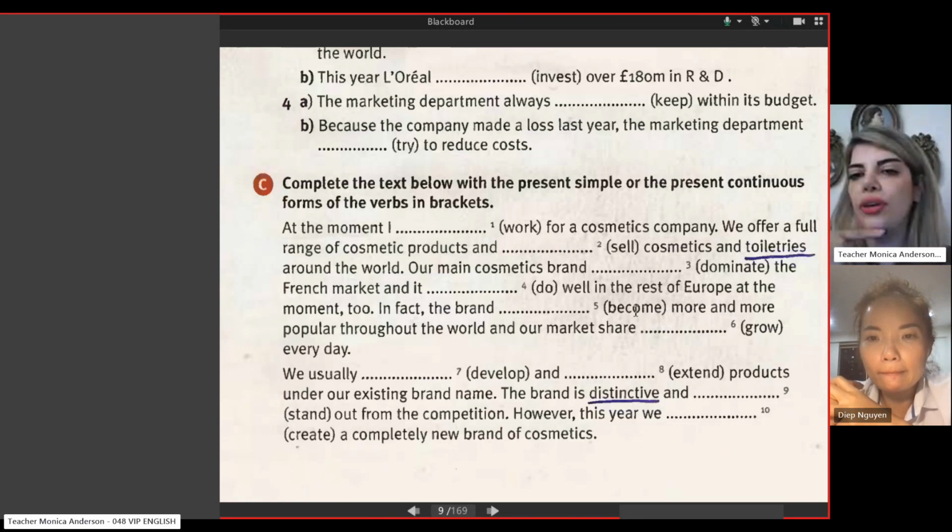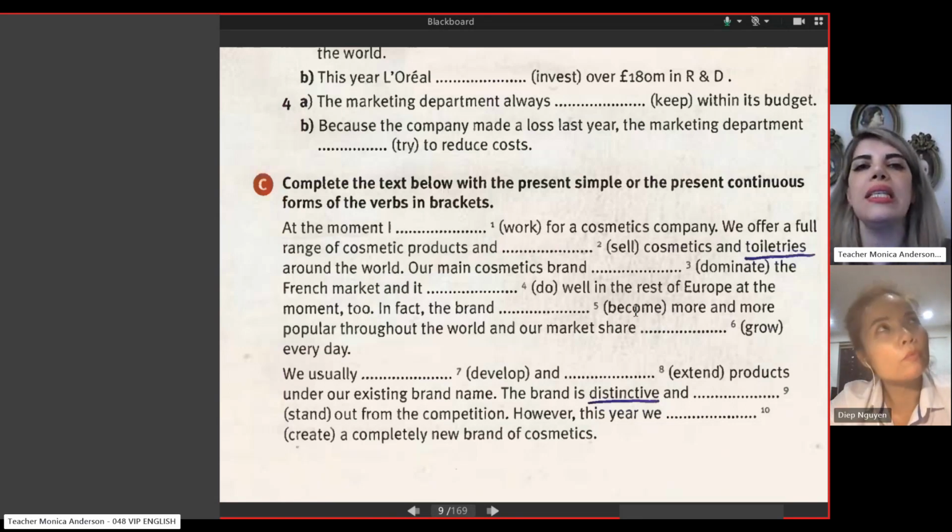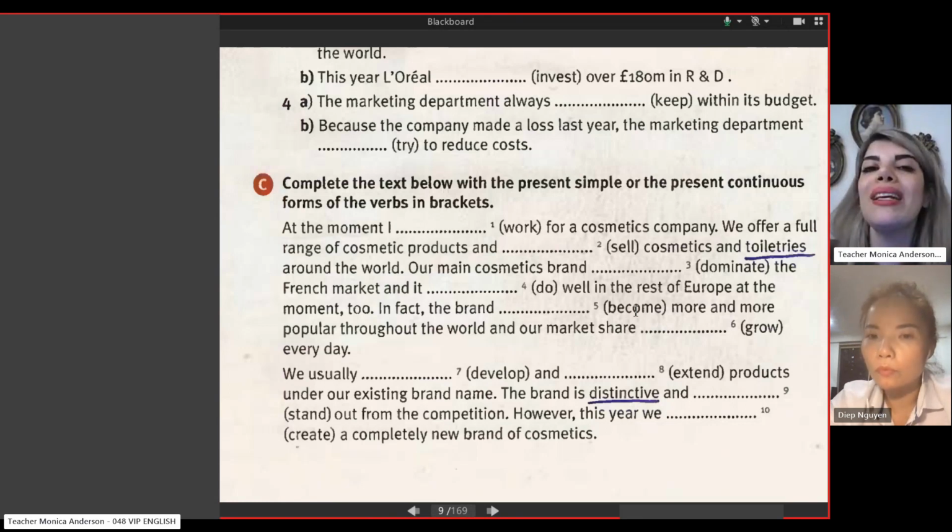Let me interrupt you here. When we are talking about something that is taking place in present time, an action in present time, but we don't mention the exact time, for example, we don't say today, this year, at the moment, we normally consider it as present simple.